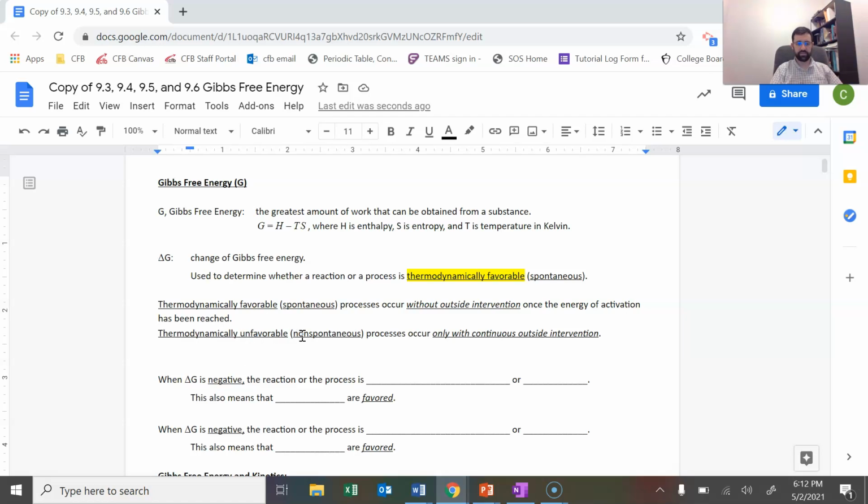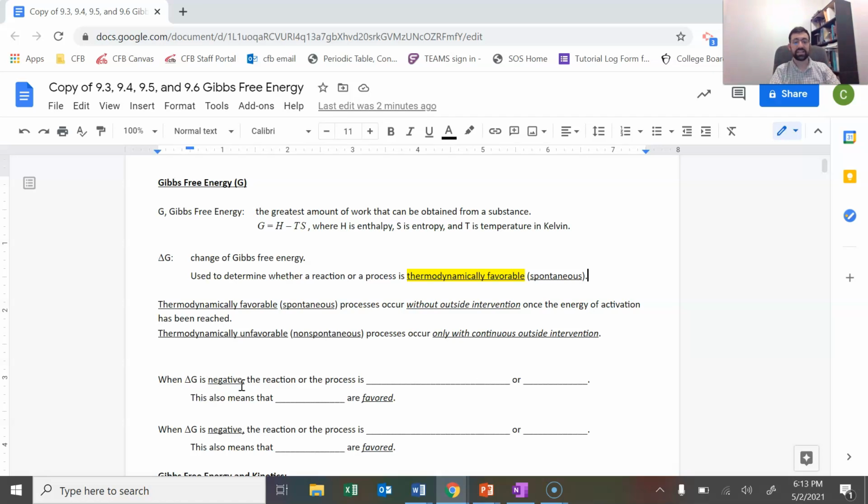Thermodynamically unfavored or non-spontaneous processes occur only with continuous outside intervention. We'll talk about a couple different ways to do this when we talk about coupled reactions. But in general, a thermodynamically unfavorable process tends to not happen. It doesn't happen without an outside source of energy or some other form of intervention.